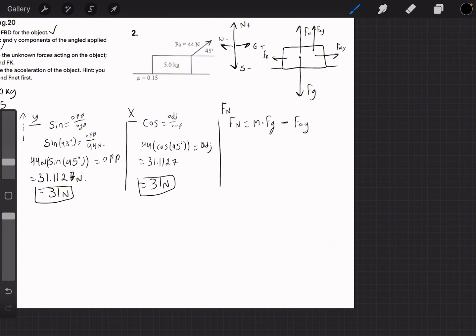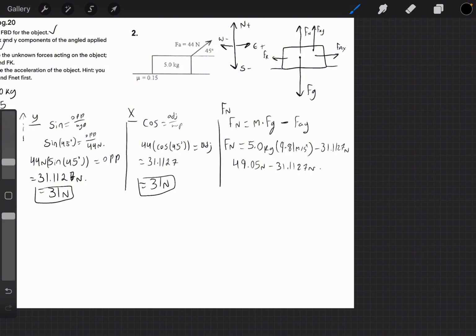So let's just do that here. Fn equals 5.0 kilograms times 9.81 meters per second squared minus 31.1127 newtons. Perfect. And now let's calculate that. The first part gives you 49.05 newtons, and then minus 31.1127 newtons.